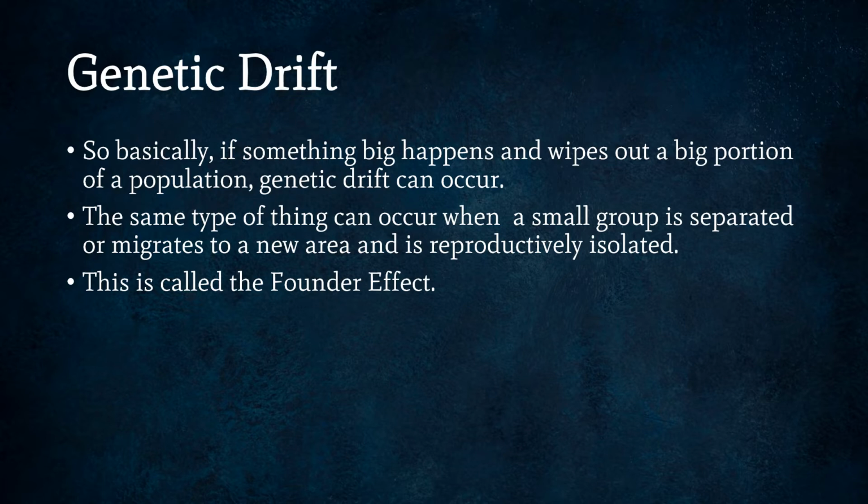This is called the founder effect. So if a small population starts on an island, for example, and is reproductively isolated, their gene frequencies are going to be different over time because of the small sample size.